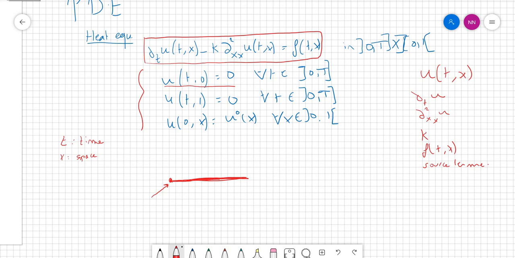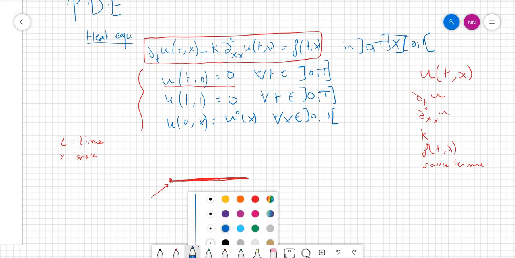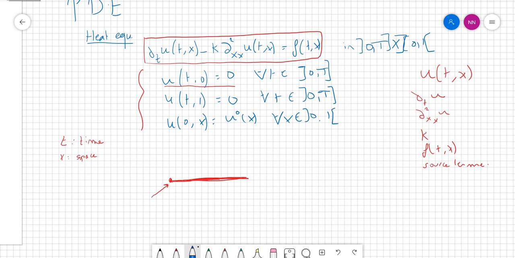So if we want to draw the function that represents the value of the temperature at each point, at t equals 0, it will be something like this. We have the heat applied at the first point, and at the end point the temperature is still 0.